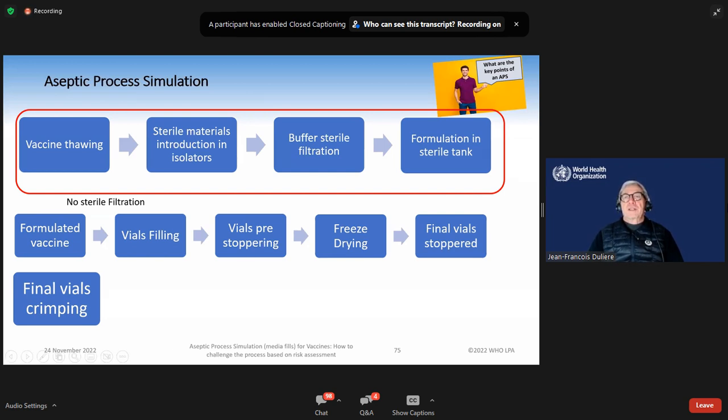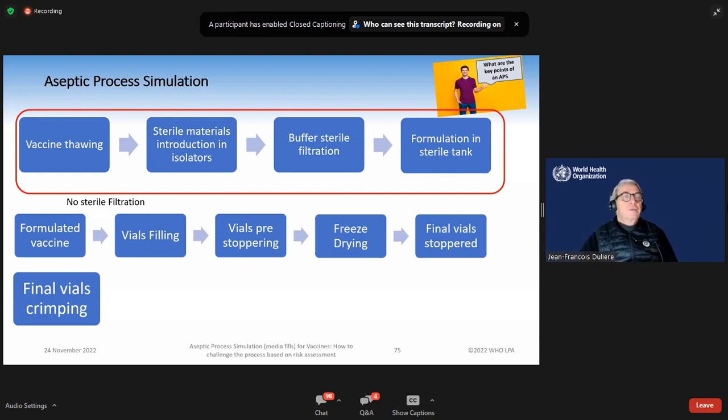Then the machine will make the vials pre-stoppering, and they will go to the freeze drying operation. After the freeze drying, we'll have the final stop. We will put the stoppers in the final position, and we will go to the final vial crimping.